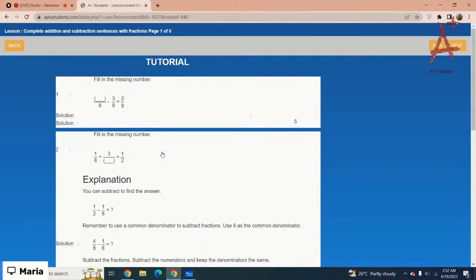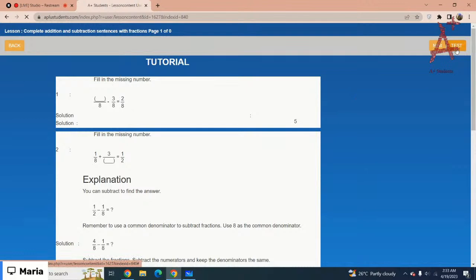Like which number is subtracted from 3 to get the value 2 over 8? 5 minus 3 is 2. Got it? So it would be 5 by 8.